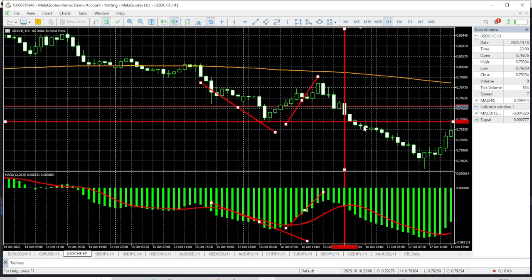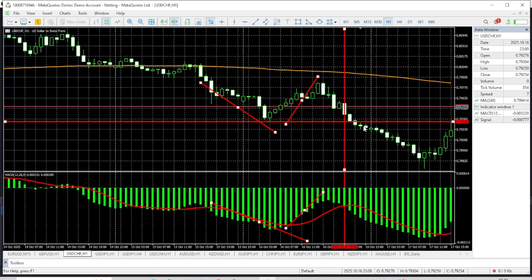That is where the MACD histogram now goes below the MACD signal line, and the candlestick that corresponds to that histogram bar that closes below the signal line becomes our entry.